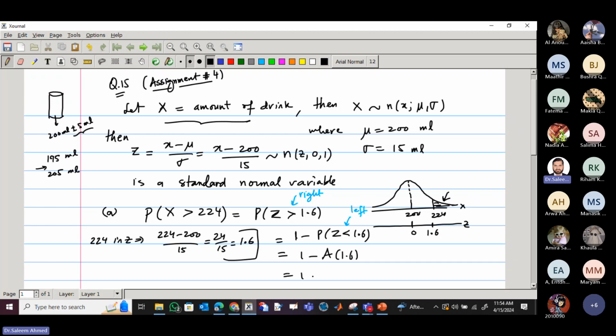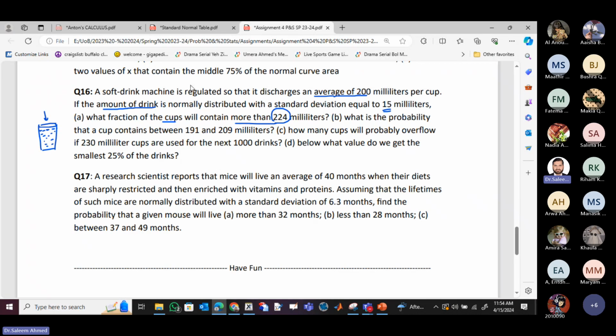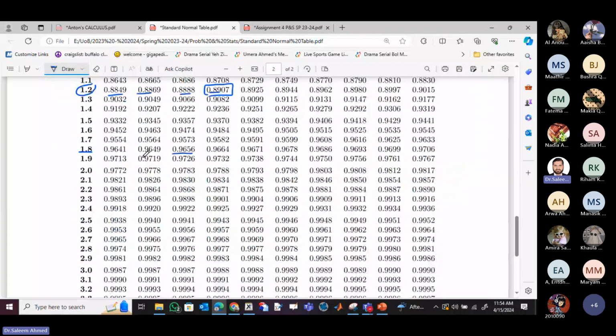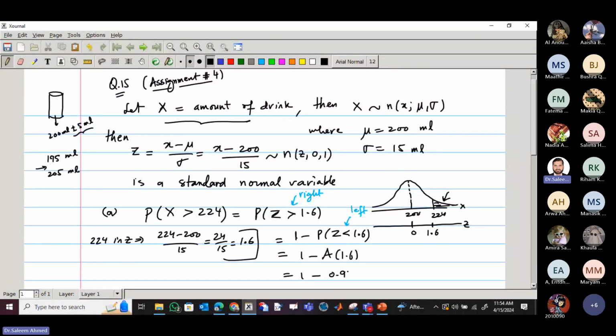So what is 1.6? Here is the table. 1.6 under 0. So this is 1.6 under the first column. This is 0, 0.9452. And if you subtract, I think it will be 0.0548, right?